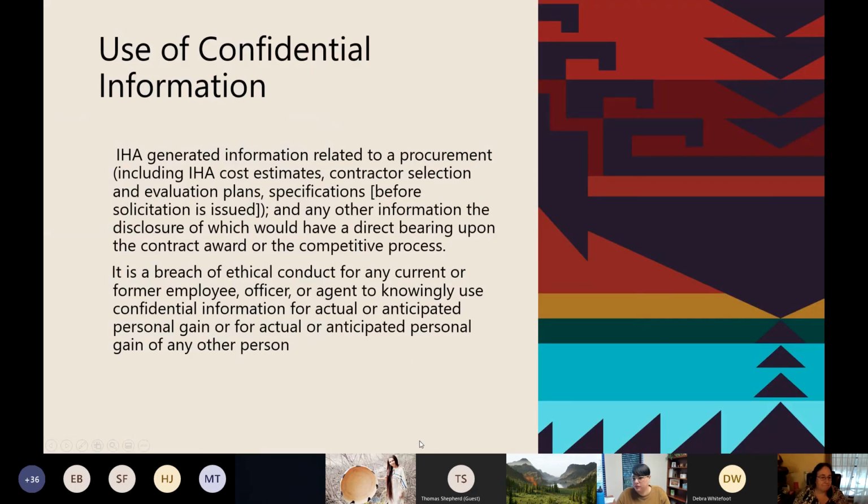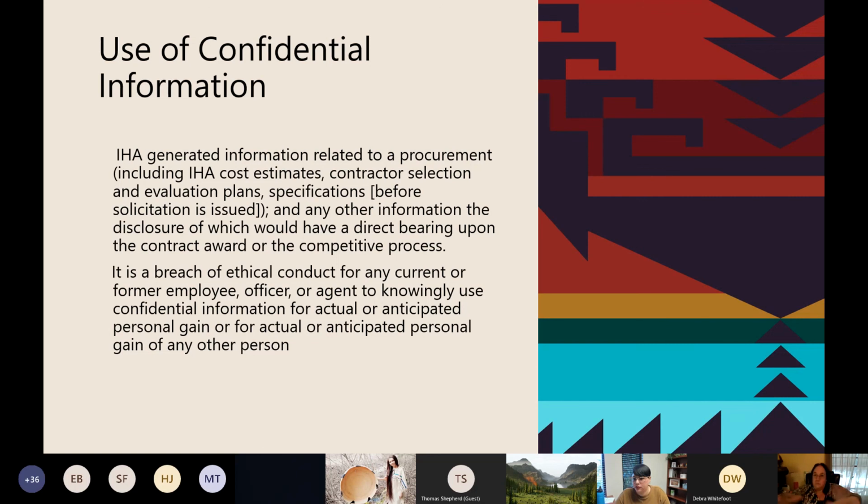So, your Indian Housing Authority generated information that's related to a procurement, including your cost estimates, your contractor selections, evaluation plans, specifications, before your solicitation is issued, and any information that the disclosure of which would have a direct bearing upon the award of that contract or on that competitive process.